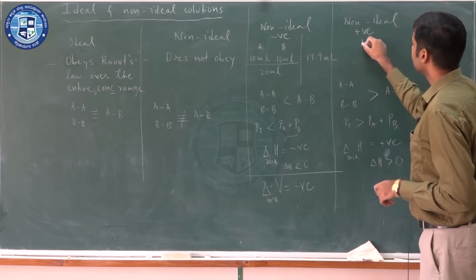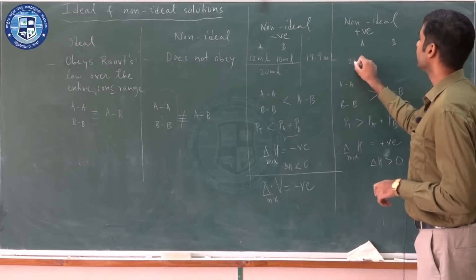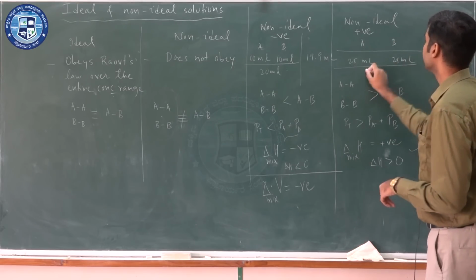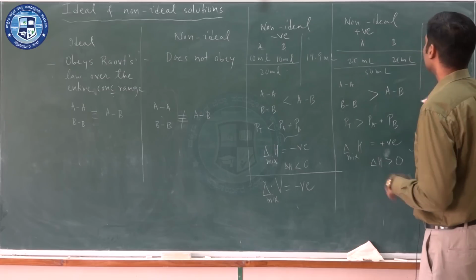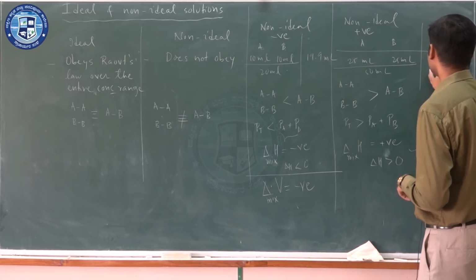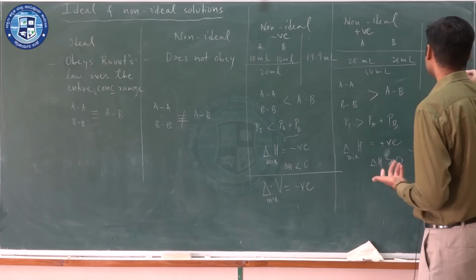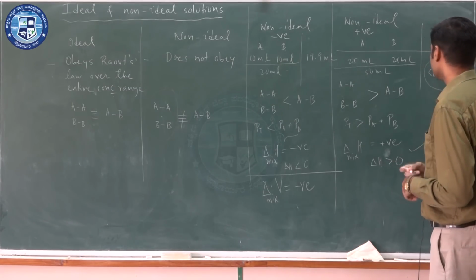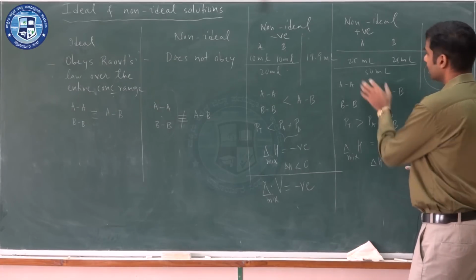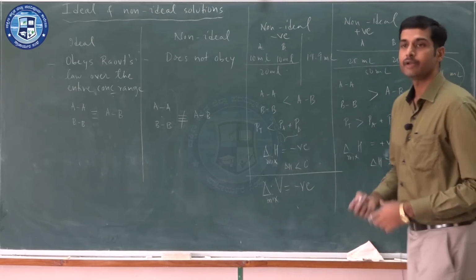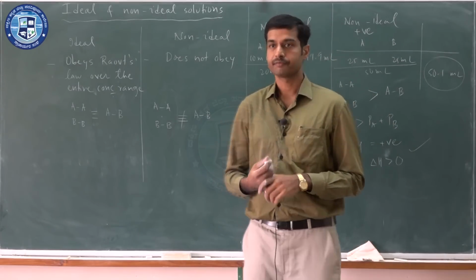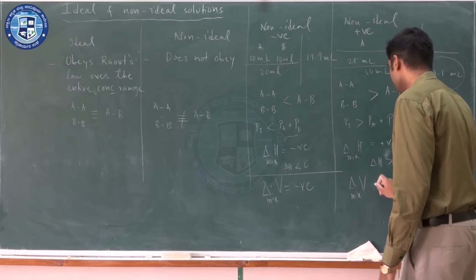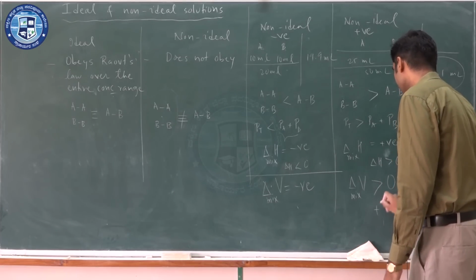So, if I take A and B once again, say this is 25 milliliter, this is 25 milliliter, I am expecting a total volume of 50 milliliter according to Raoult's law, but on mixing, because of positive deviation, I might get a volume of say 50.1 or 50.2 milliliter. What is the meaning of this? The total volume of the solution is greater than the sum of the individual volumes of the components. Hence, delta V mixing in this particular case is greater than 0 or it is positive.